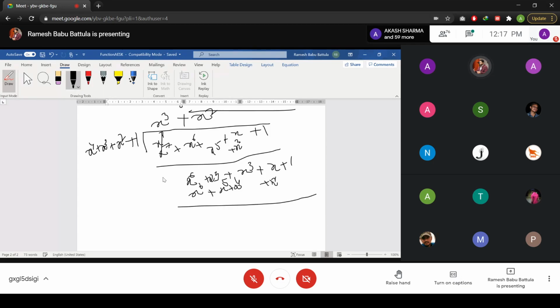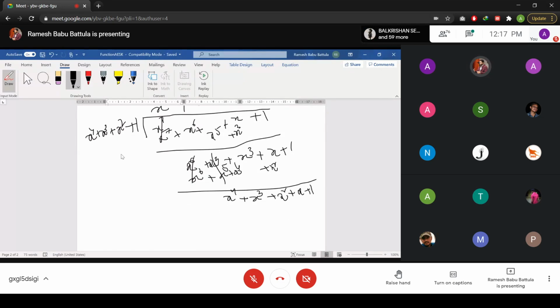Then you have to cancel this. x to the power 6 and x to the power 6 cancel, and x to the power 5 and x to the power 5 cancel. The remaining values are here: x to the power 4 plus x to the power 3 plus x square plus x plus 1.